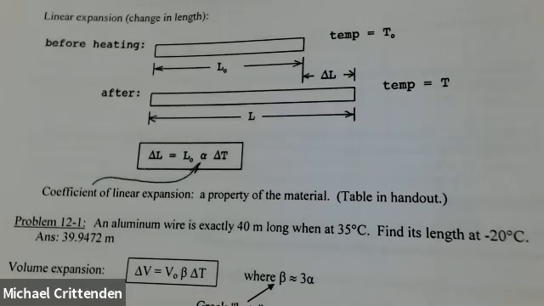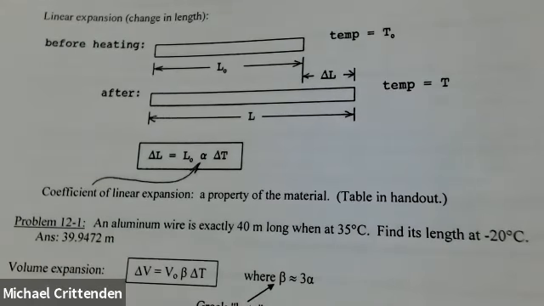The steel rods get roughly 0.5 millimeter longer, and the aluminum rods get a little over a whole millimeter longer. And that's the same length rod, same temperature change. The only difference is the material. And that property of the material is what's represented by the Greek letter alpha there.